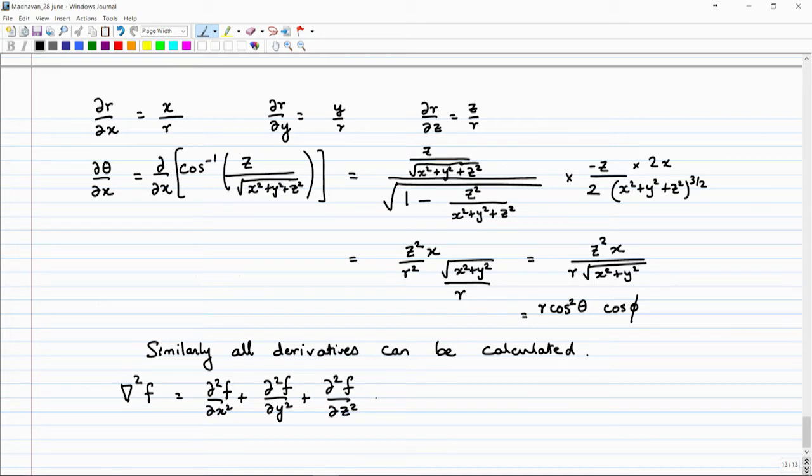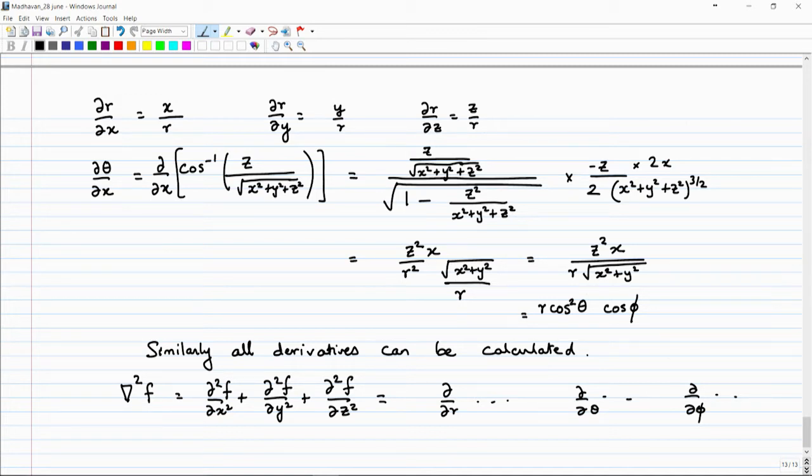I can write the entire thing in spherical polar coordinates. So we can write this in terms of dou by dou r, dou by dou theta and dou by dou phi. So we can write this expression.